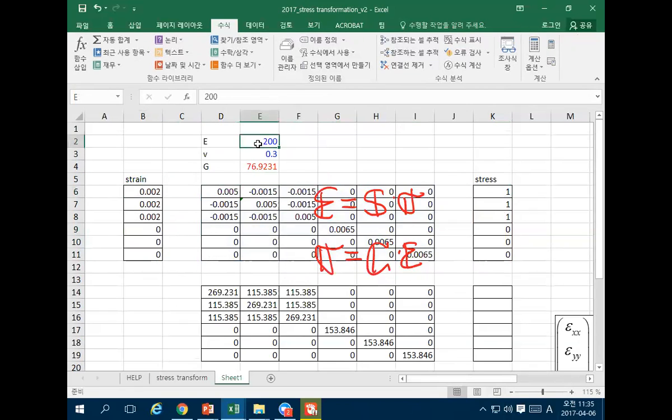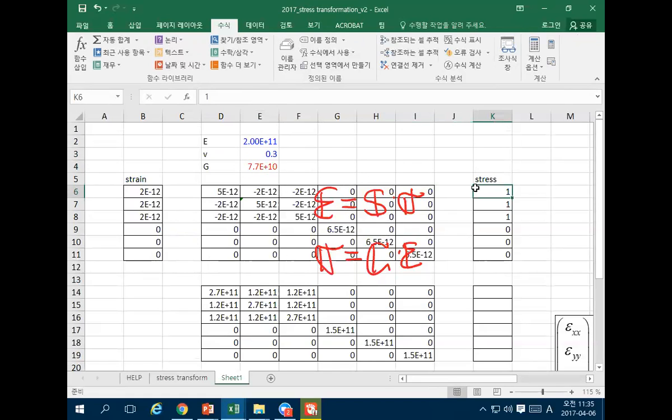Let's try to have a real material value, Young's modulus of the steel. What's the Young's modulus? 200 gigapascal. What is a giga? 10 to the 9, right? So this is the real gigapascal. And Poisson's ratio is 0.3, and this is the shear modulus.